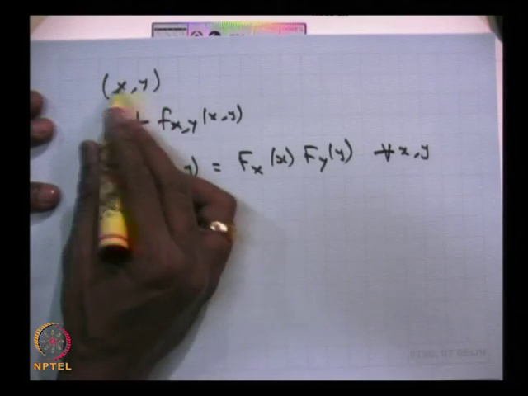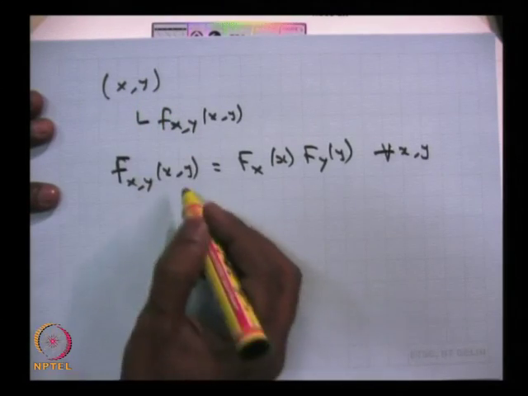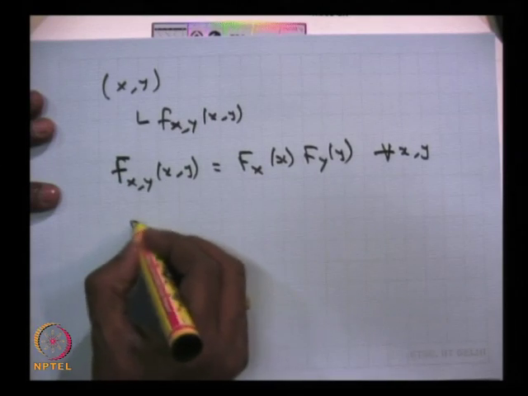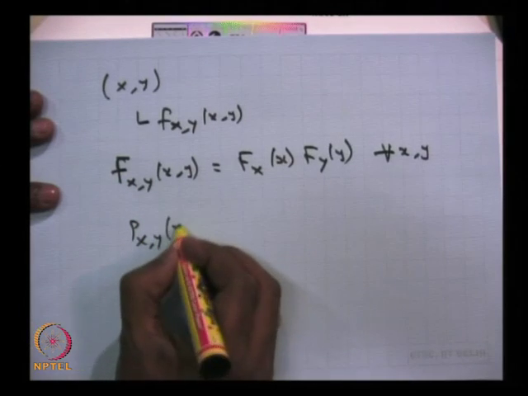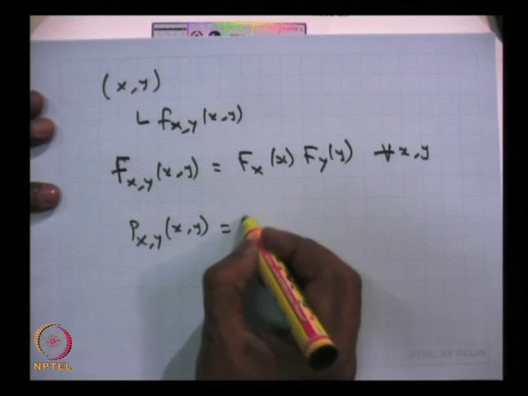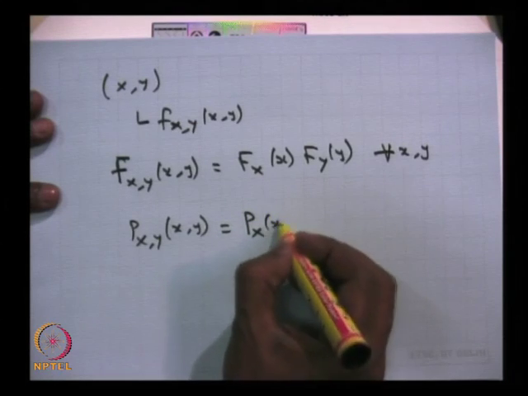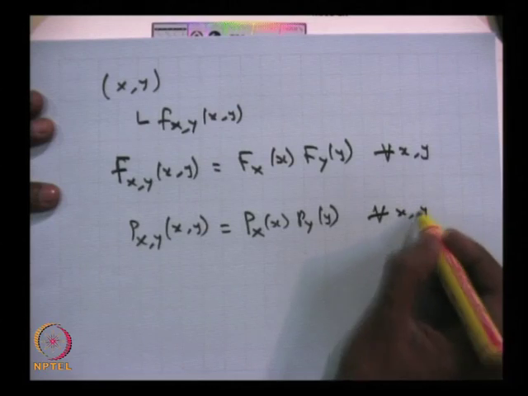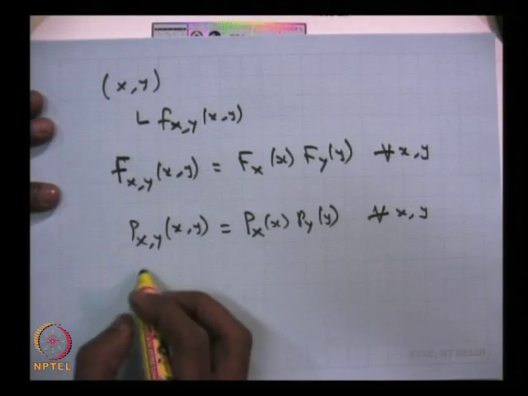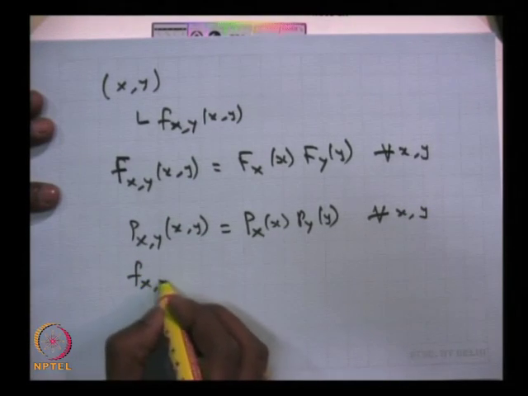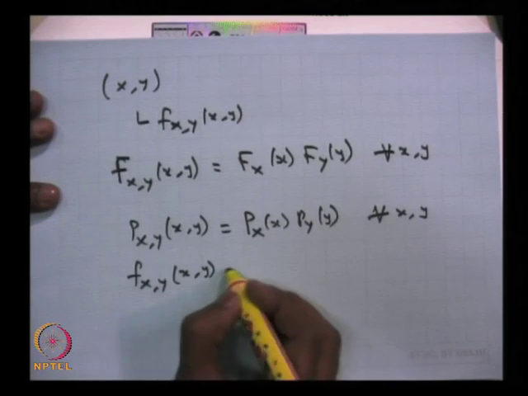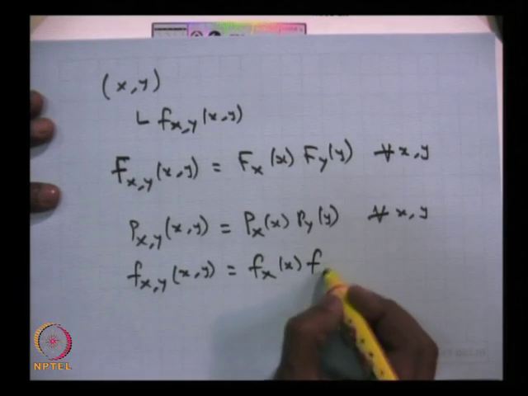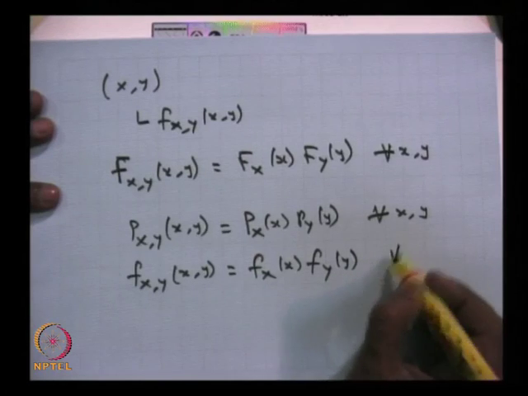Suppose both are discrete, then you can come down from the CDF to the joint probability mass function. The joint probability mass function you can write as the product of the individual probability mass functions for all x comma y. If both the random variables are continuous, then the joint probability density function will be the product of the individual probability density functions.